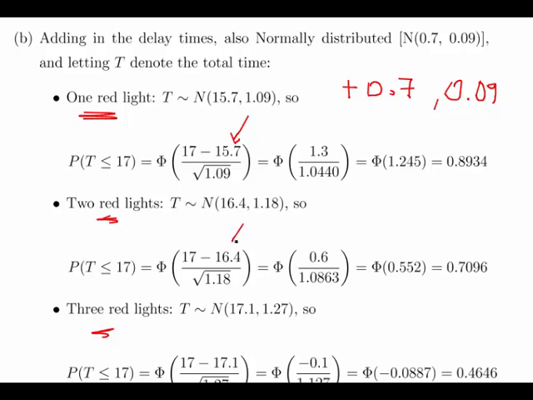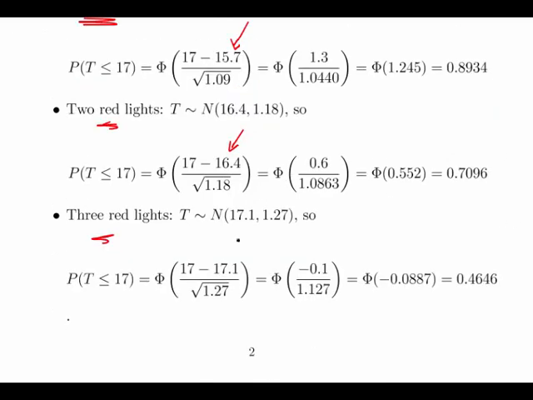For 2 red lights, it's another 1.4, which brings it up to 16.4, and down here it is 17.1. So all 3 red lights, a mean increase of 0.7 for each of the 3 red lights, brings us up to 17.1.